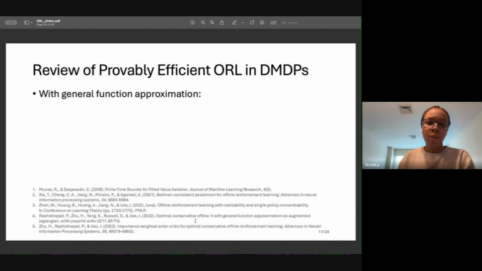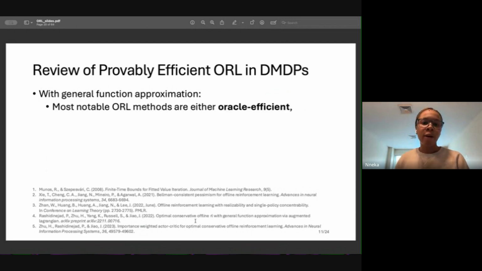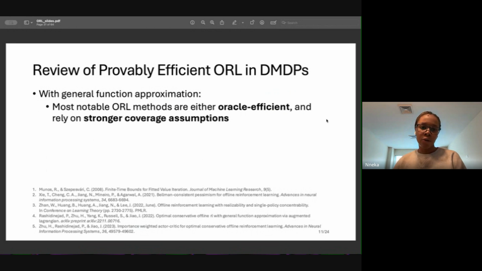Now, this question has been widely explored in the literature under general function approximation, which is a framework for large-scale reinforcement learning. However, most notable methods in this context are either oracle efficient, meaning that their theoretical guarantees do not directly transfer to a much simpler linear function approximation setting, or they rely on stronger coverage assumptions in the linear function approximation framework.